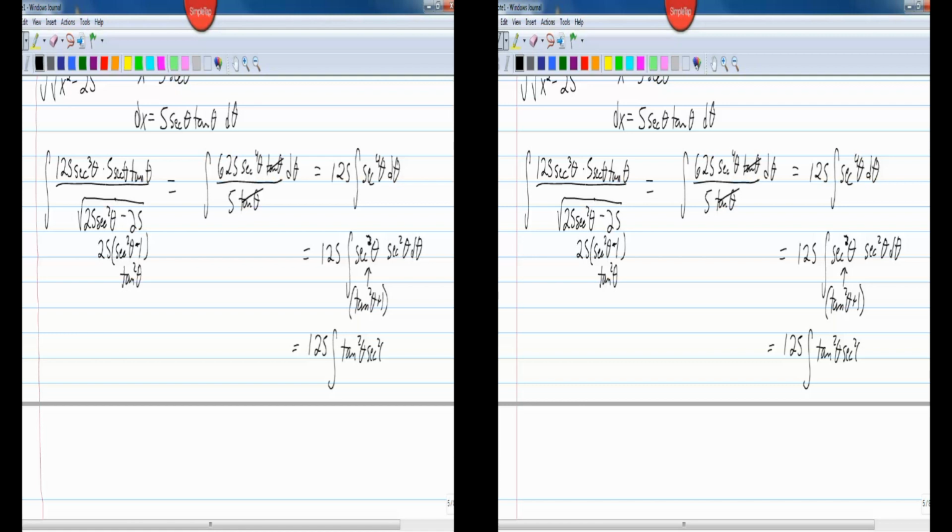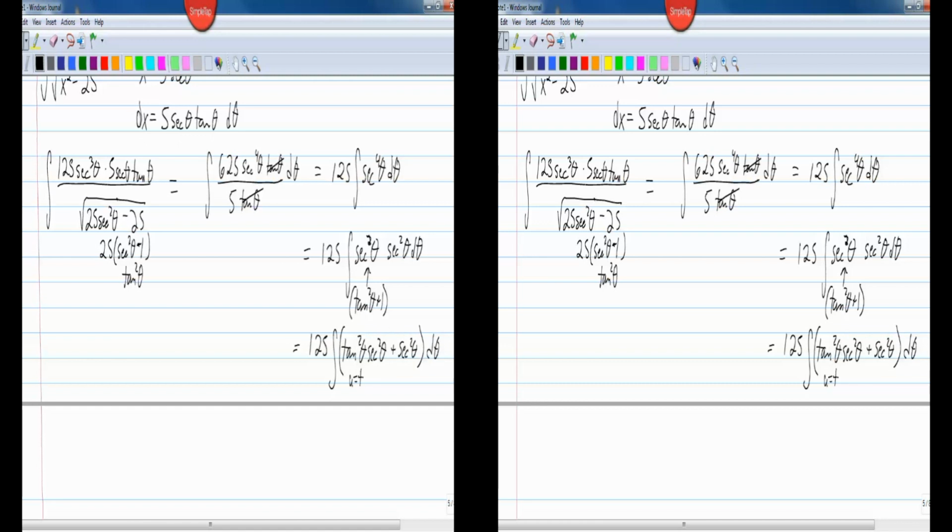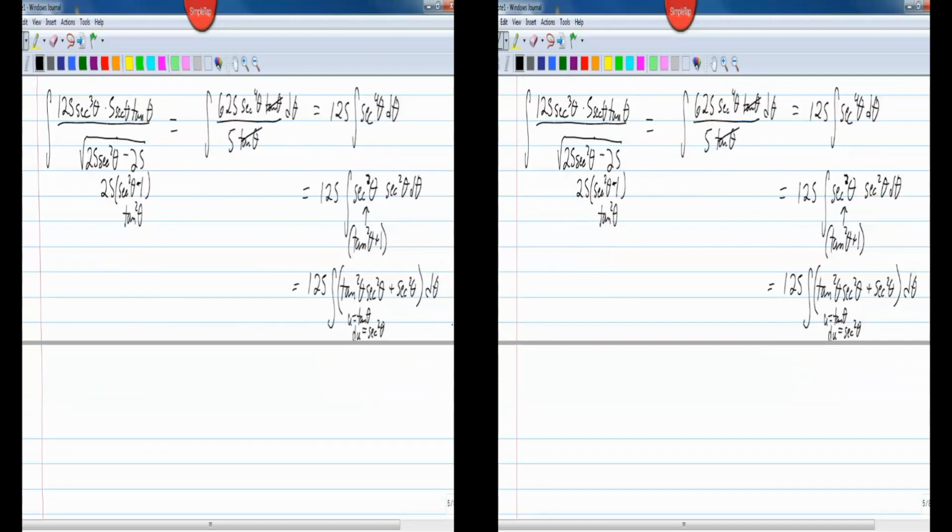Multiply that back in. Usually you don't multiply that back in, but since it's a plus 1, that's going to be a plus secant squared. So when you integrate those separately, the first integral, you let u equal tangent, so du equals secant squared. So it's present. This one right here, you can integrate secant squared. Remember? The integral of secant squared is tangent. Alright, so this is 125.